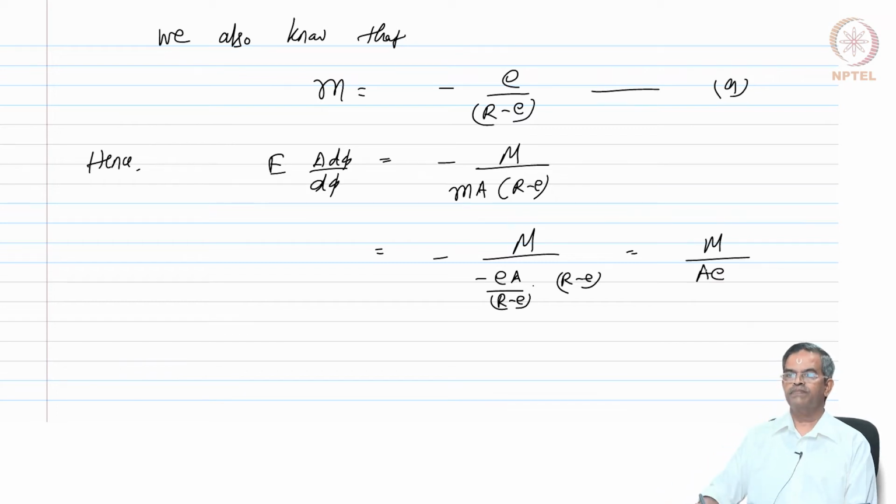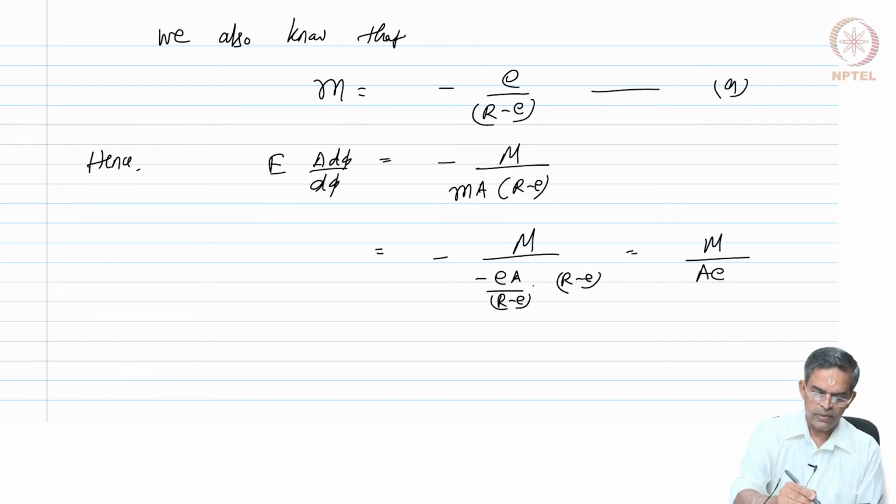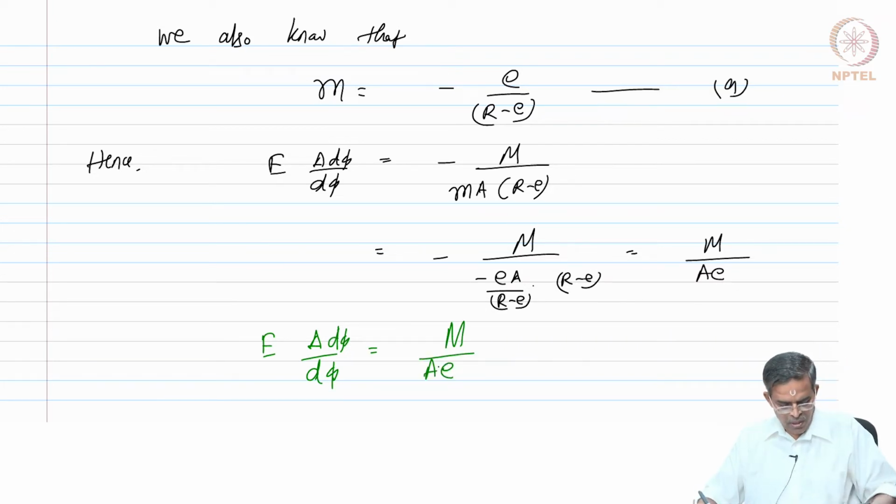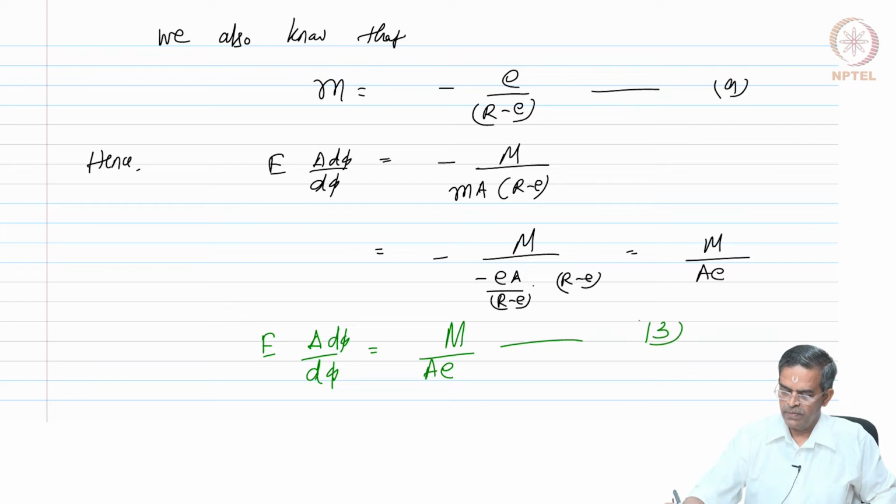Am I right? So, therefore, friends, E d phi by d phi has become M by AE. The small m has gone, we have substituted back. Equation 13.